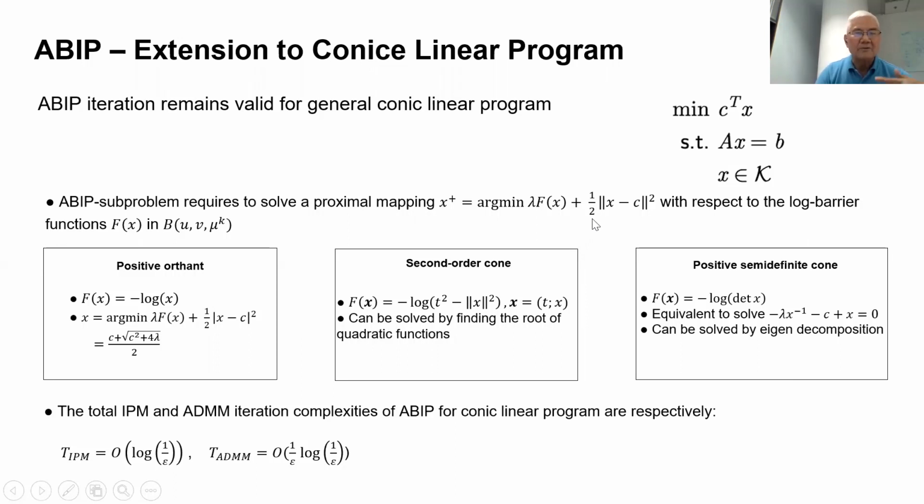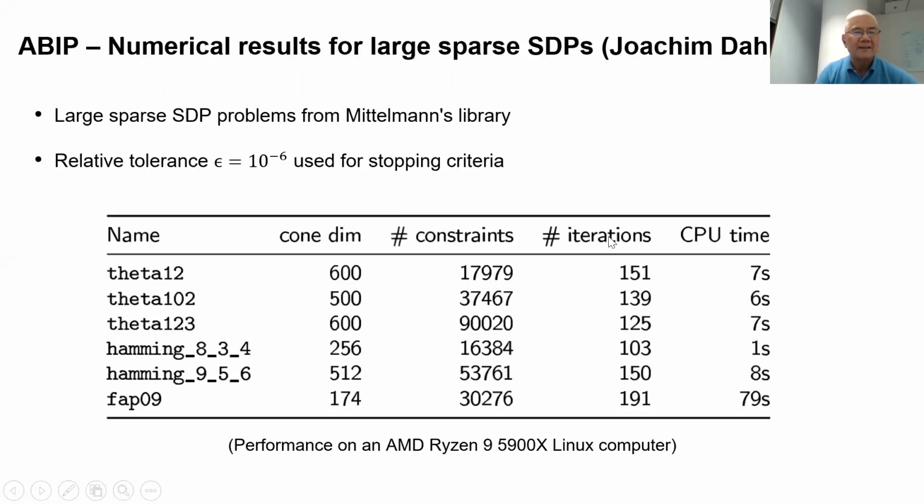If not, you can find a good preconditioner, in particular a good diagonal preconditioner, because a diagonal preconditioner does not destroy the sparsity of a matrix. I'm going to talk more about this later on. For example, for this large SDP, this is implemented by Joachim Dahl, and he used this method to get epsilon 1.6. This is the first method to solve those SDP problems, and this time is faster than the second order method.